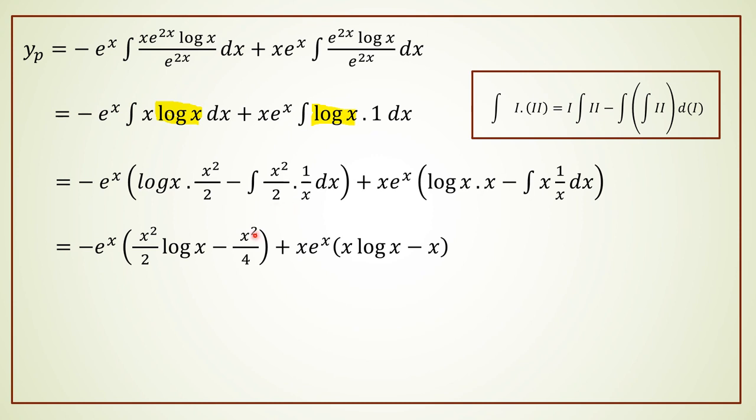Integration of x/2 is x²/4. Plus x into e^x into the integration of 1 dx. Integration of 1 dx is x. Okay. So this is the required particular integral of the given differential equation.